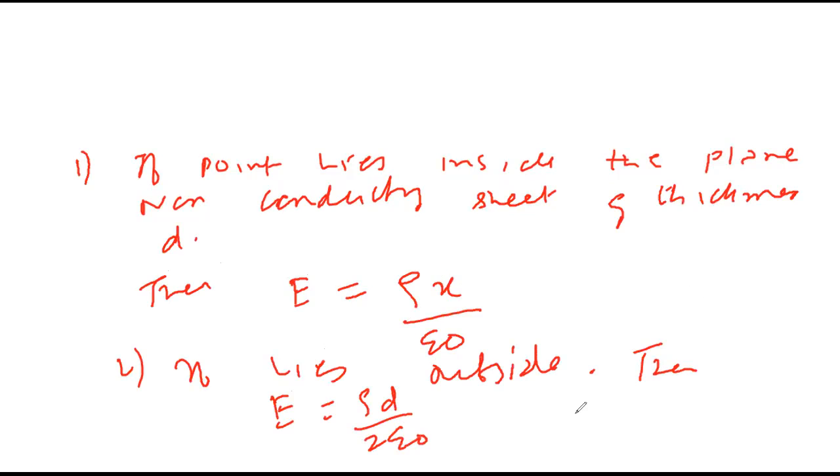Now I want the graph, so please write this separately again. Inside, rho x upon epsilon naught; outside, rho d upon 2 epsilon naught.